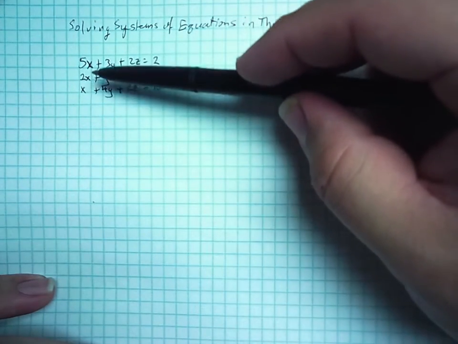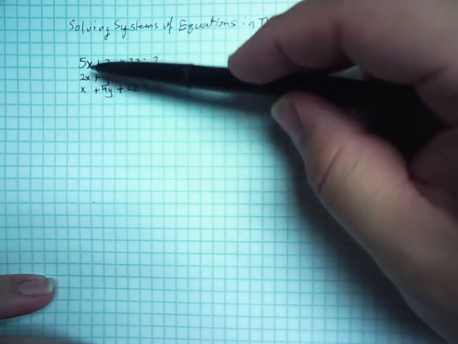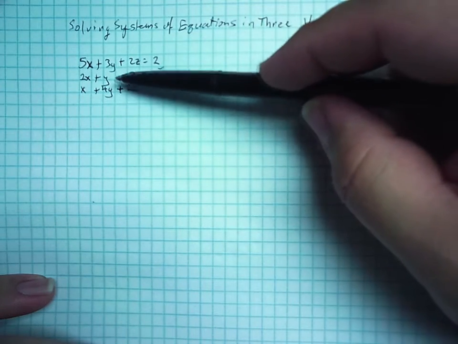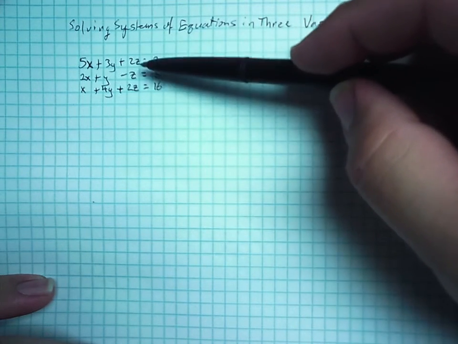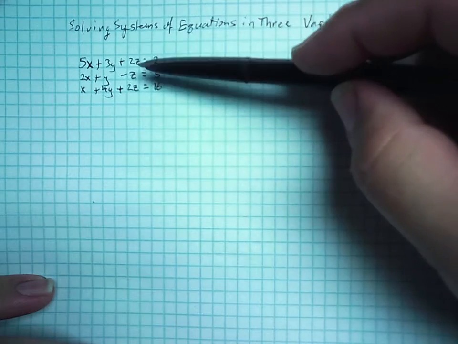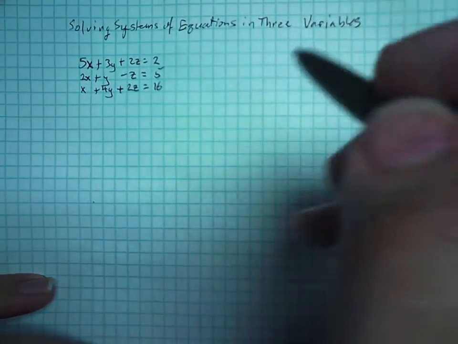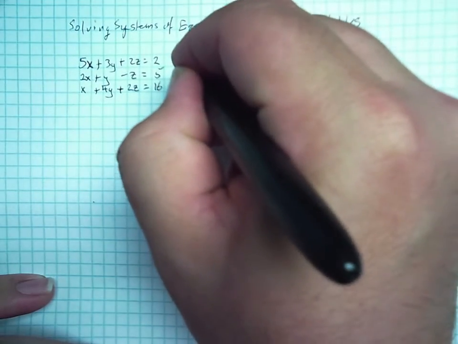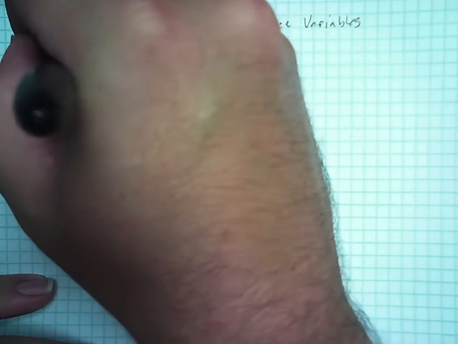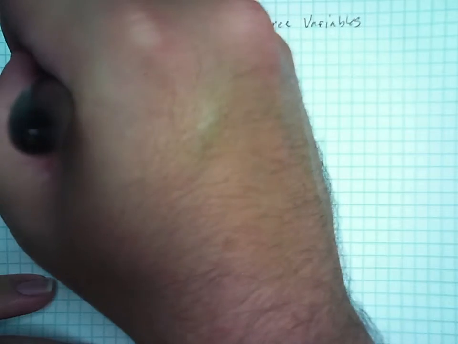So looking here, I can eliminate the x's, or really the y's, but the z's are going to be easiest because I can use the middle equation to eliminate this 2z and this 2z just by multiplying once by 2. So I'm going to multiply this by 2. I'm also going to letter my equations, equation A, equation B, and equation C, just so I can refer to them later.